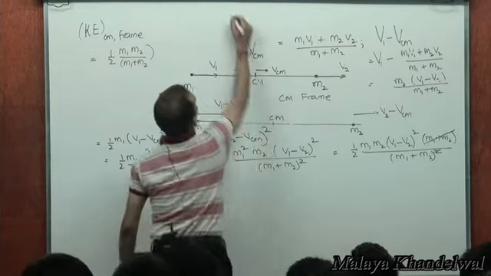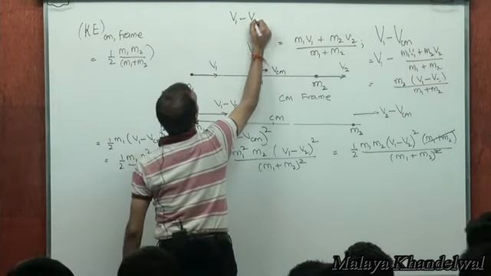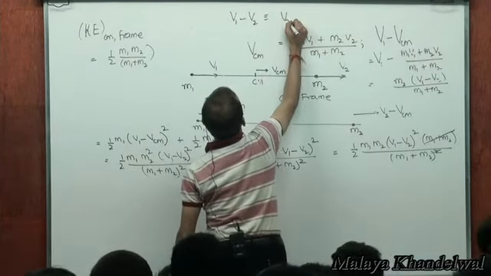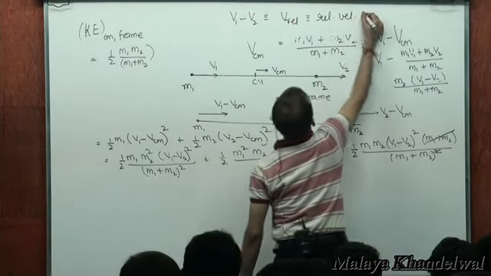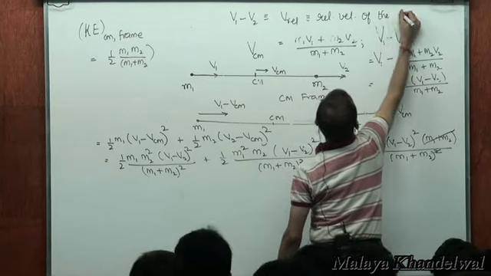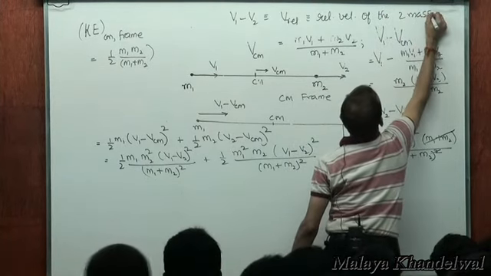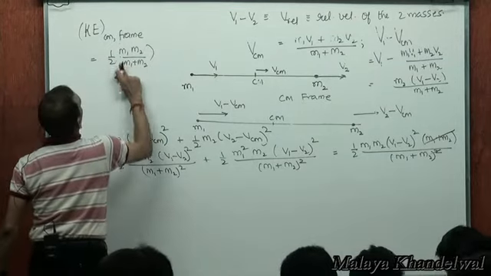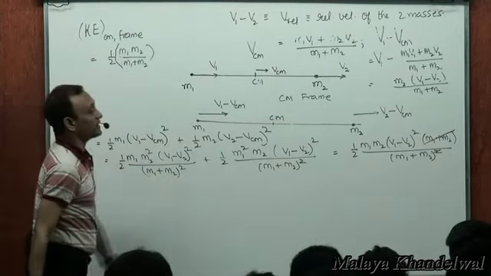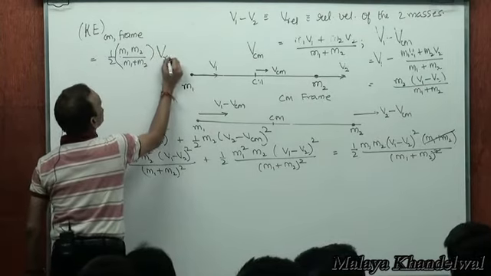Right? v1 minus v2 is the relative velocity of the two masses, vrel. So this is half of m1 m2 by (m1 plus m2) into vrel squared.